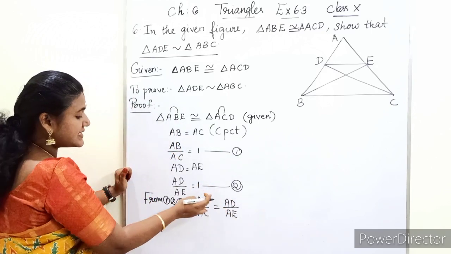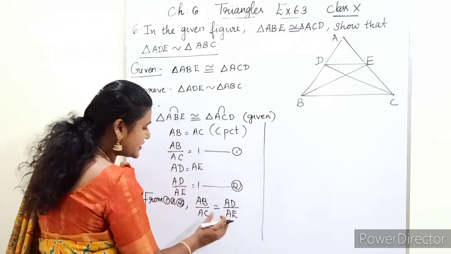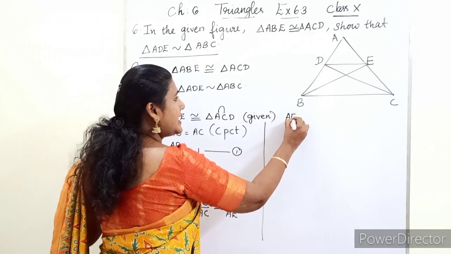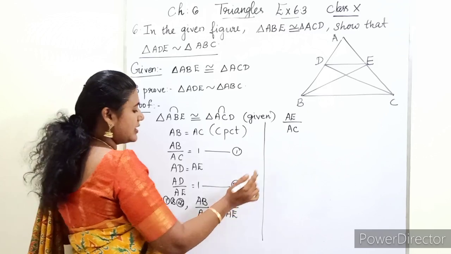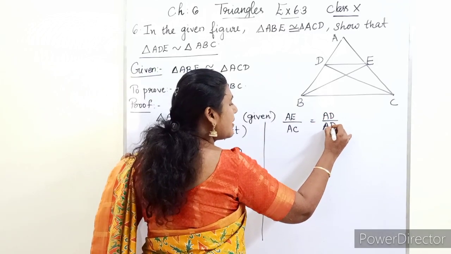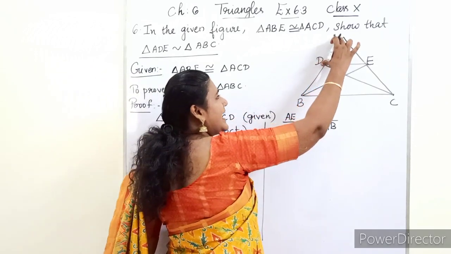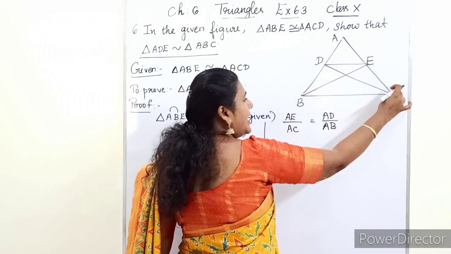Now we will take this AE to this side. We can rewrite this condition as AE by AC, and we will bring this AB to the right side, so AD by AB. So we got this condition, that is AD by AB is equal to AE by AC.